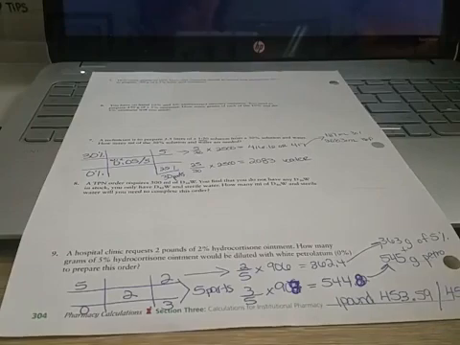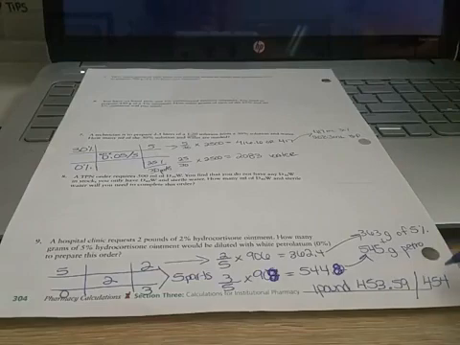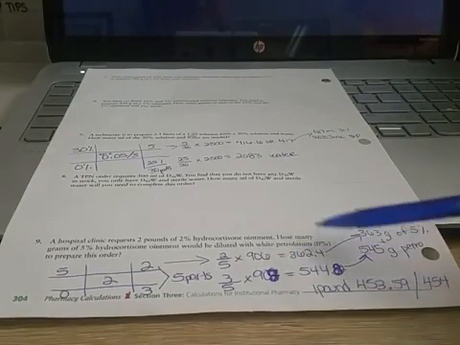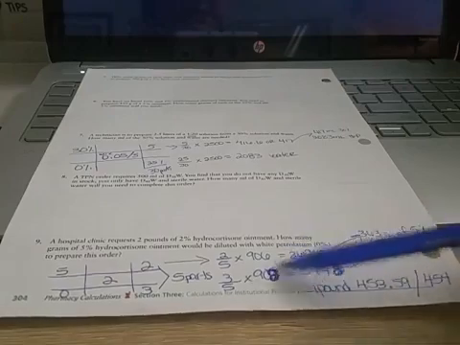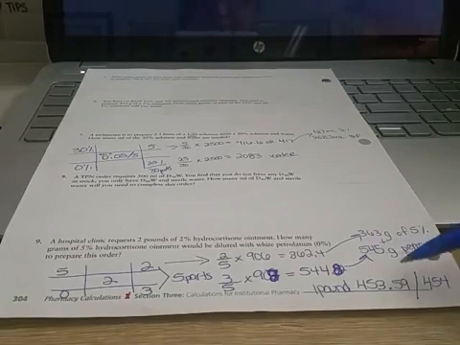A hospital clinic requests 2 pounds of 2% hydrocortisone ointment. So 2 pounds. Your 1 pound is technically 453.59 or 454. I did 453 here and I realized that I was short, so I kept going and did it by the 454.